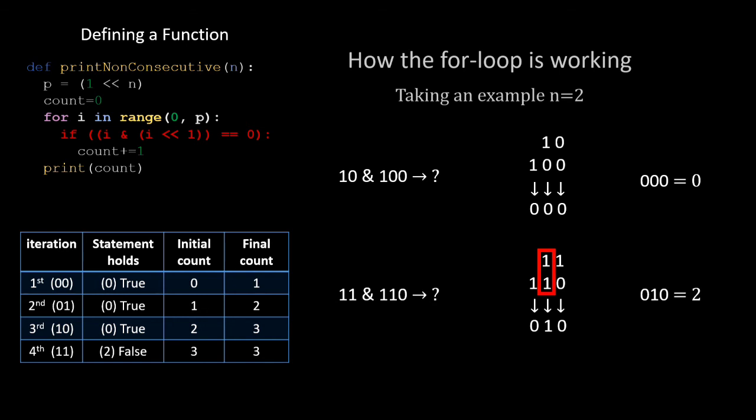The fourth iteration, that was 1 1, it holds false because the answer is coming 2. So initial count was 3, final count remained the same. So our output of this function, with the example n as 2, will be 3. There are 3 strings that have length 2 and no consecutive ones.